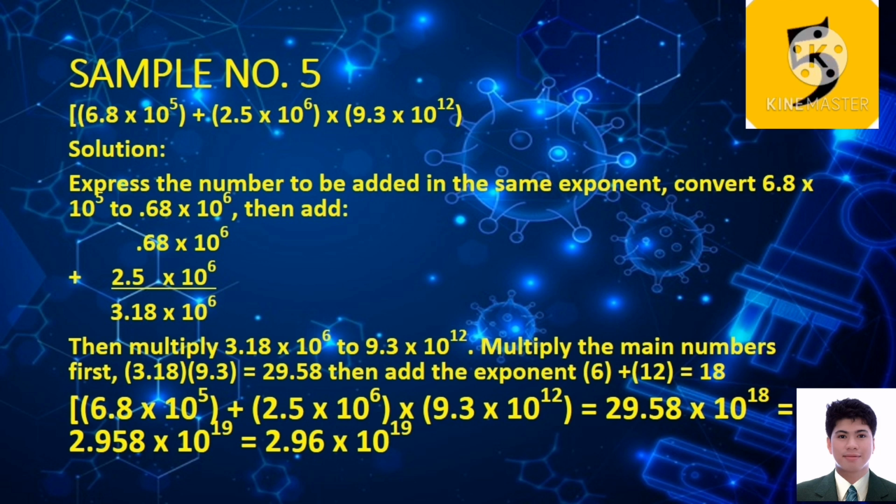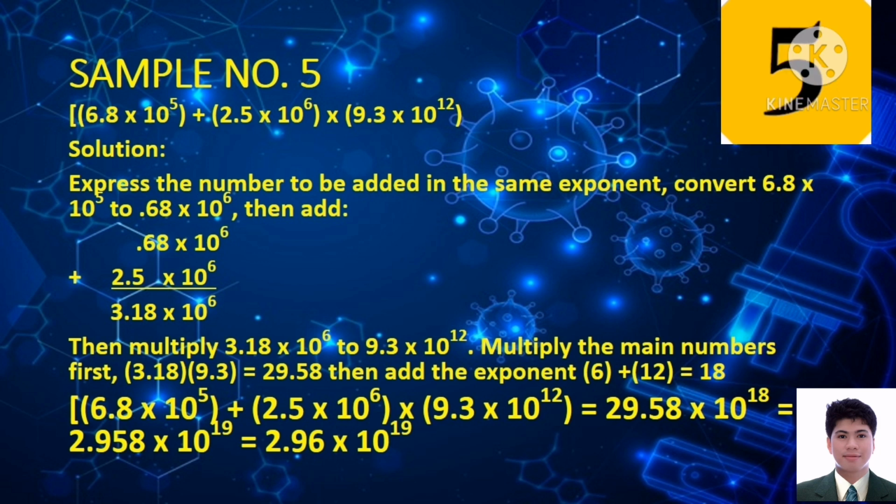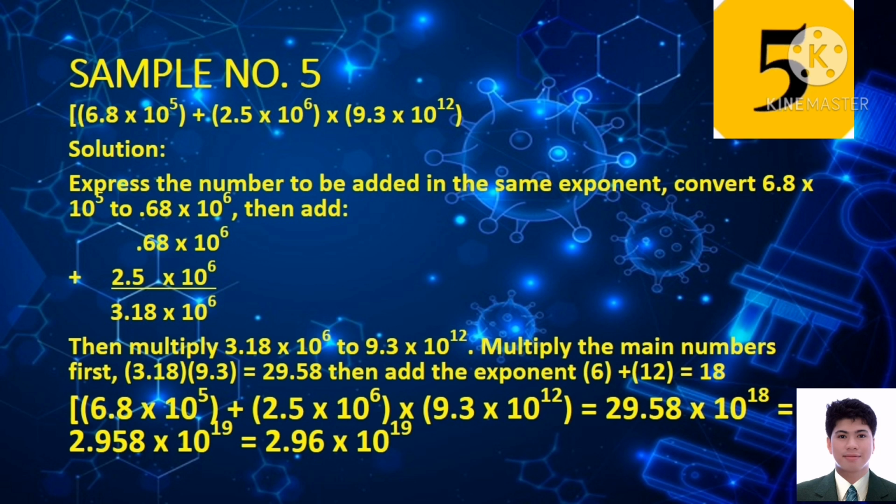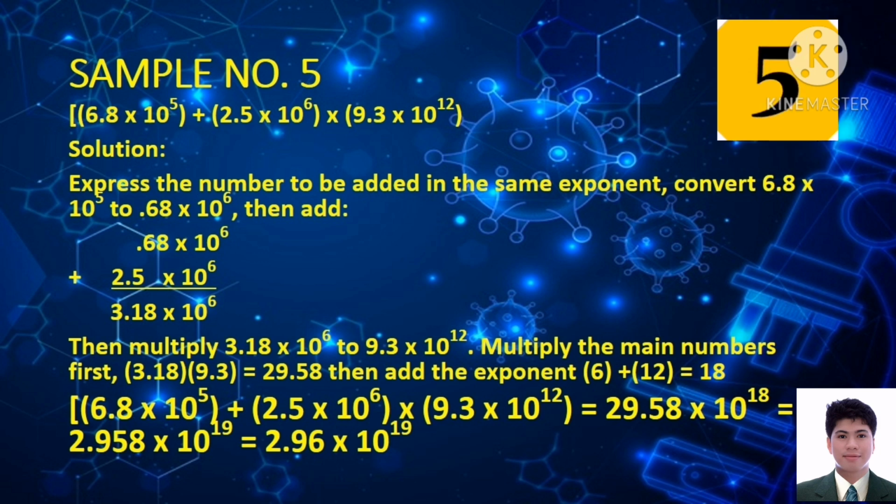Then add the exponents. 6 plus 12 is equal to 18. Then the answer would be 29.58 times 10 raised to 18, or 2.958 times 10 raised to 19, or 2.96 times 10 raised to 19.